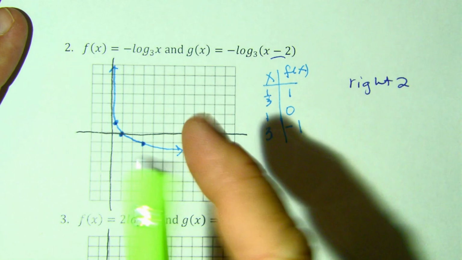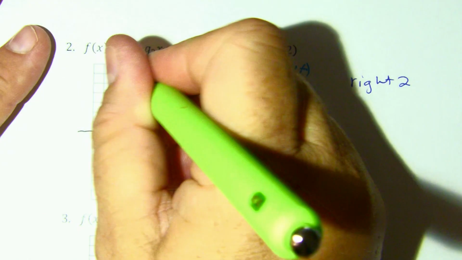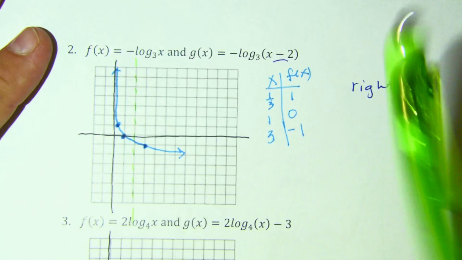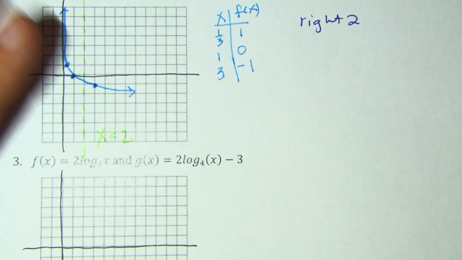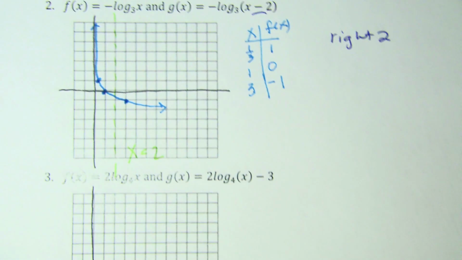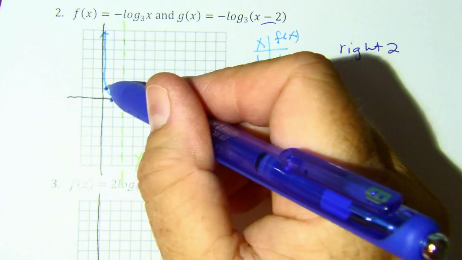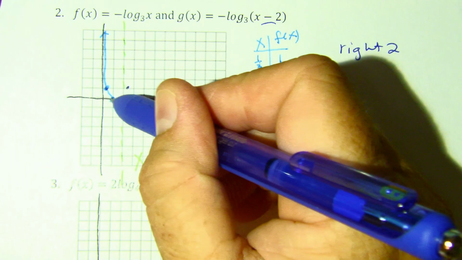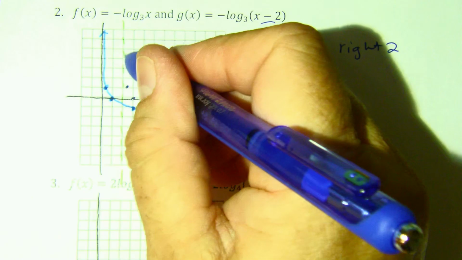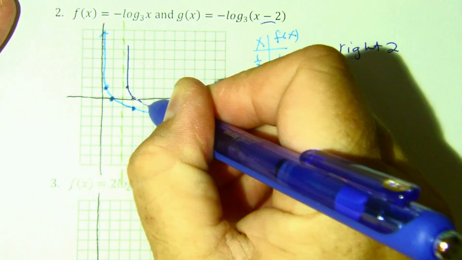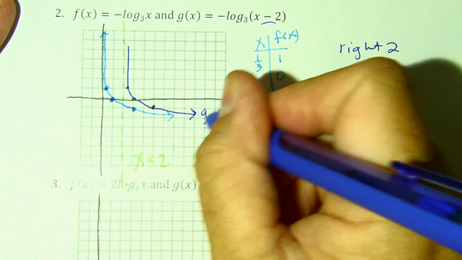And so that also moves my vertical asymptote to the right 2. So now it's at x equals 2. Okay. So each of these points moves to the right 2. And that gives me my function g of x.